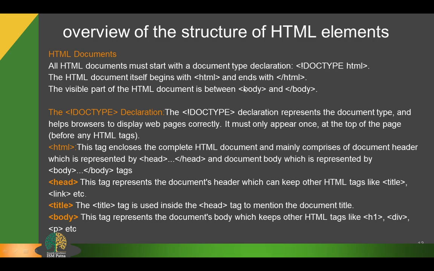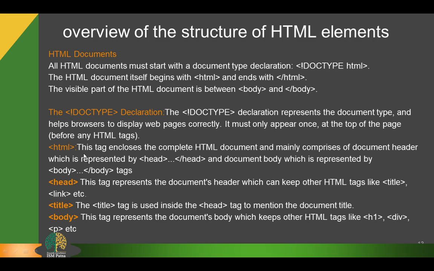Whatever we say body tag, it means start tag with end tag. Here the term doctype comes. The doctype declaration represents the document type and helps the browser display web pages correctly. It must only appear once at the top of the page whenever you start writing an HTML page.